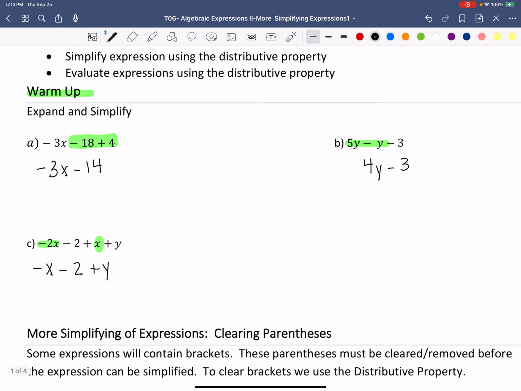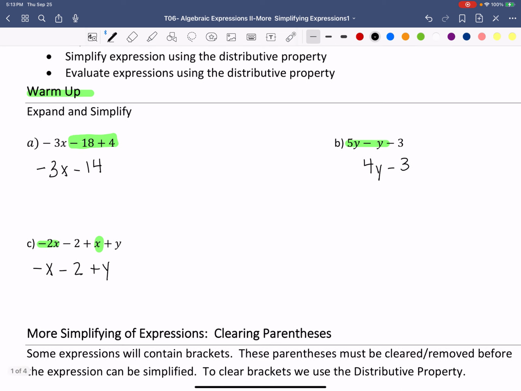So we can simplify this down to 3x plus 12. So that same idea we're going to repeat for the next 2. Again, we're going to distribute that 5 into the bracket to open it up. So we have 5 times 7, which is 35, and then 5 minus 5m.